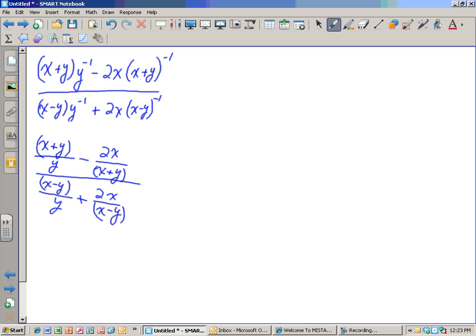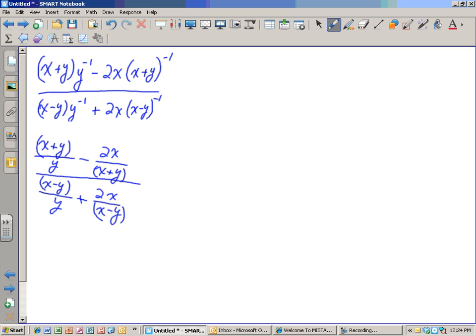Now, we have a complex fraction. That means we have fractions within a fraction. And how can I get rid of all these fractions here? And that's what I have to look at. So we want to multiply by the common denominator. And what's the common denominator of those three different things?